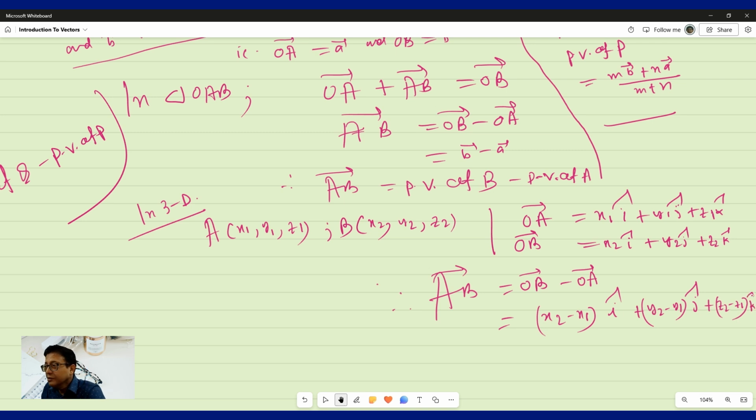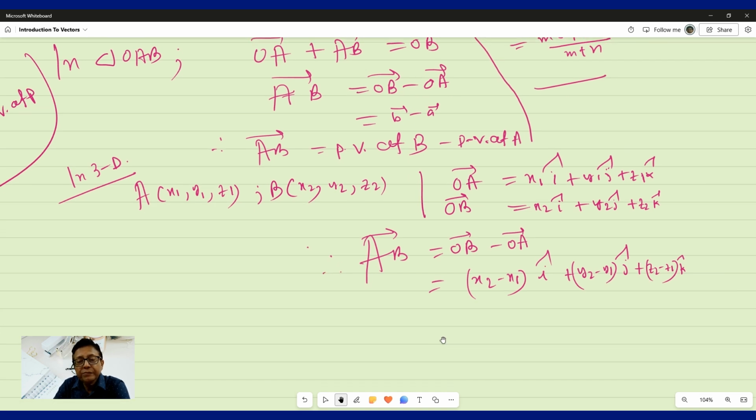Am I correct? Just subtract A from B, OB minus OA. Corresponding values of i, j, k being subtracted. Okay? Now, dot product application we will find after learning the displacement vector.